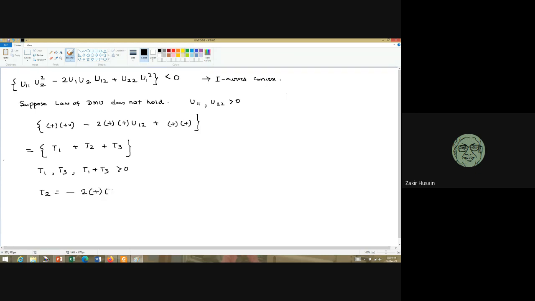See, this term is positive, this is positive. Let us suppose that U12 is positive. In that case, what do we have? Minus 2 plus plus, this is also plus. So this entire part is negative.